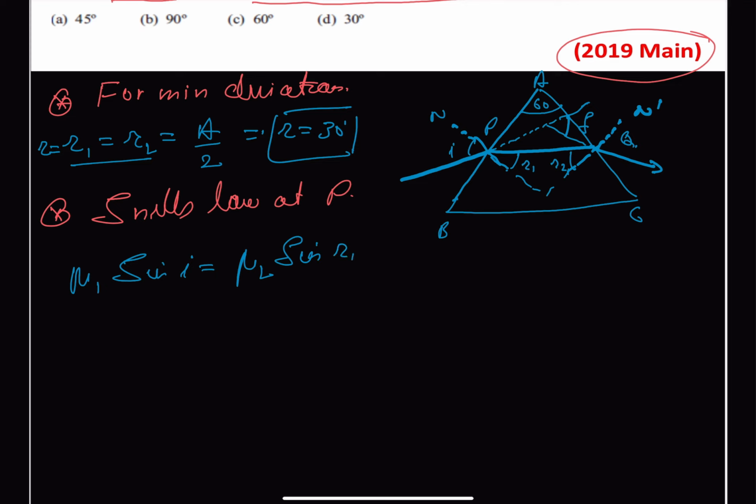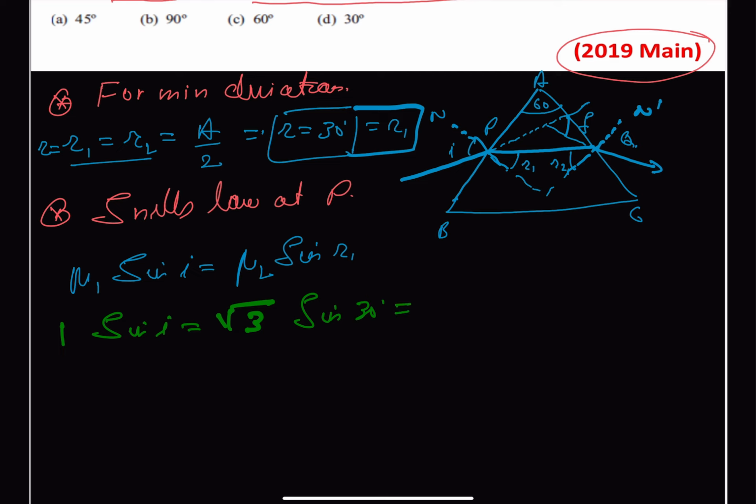Okay, and R1 is nothing but our R. So mu1 is air, so we can write this as 1 sine of I. Mu2 is given as square root of 3, and here we have sine of 30.